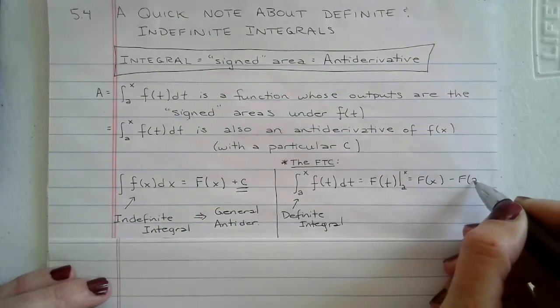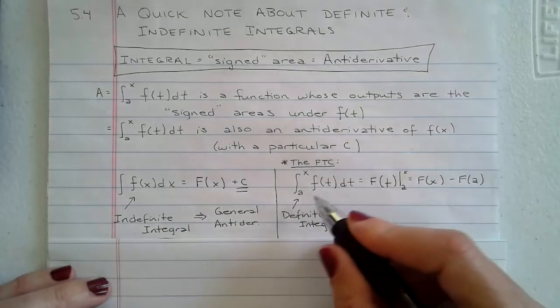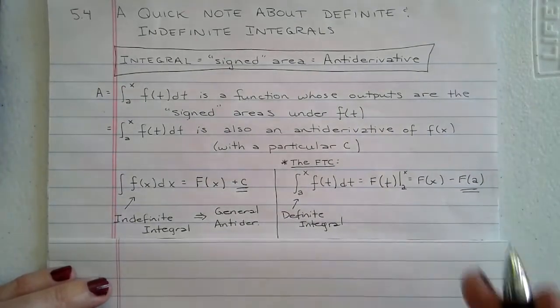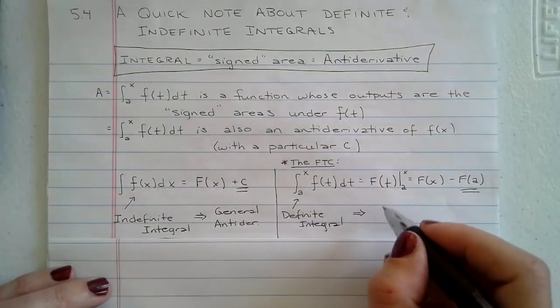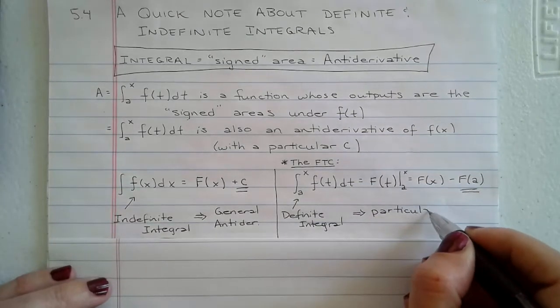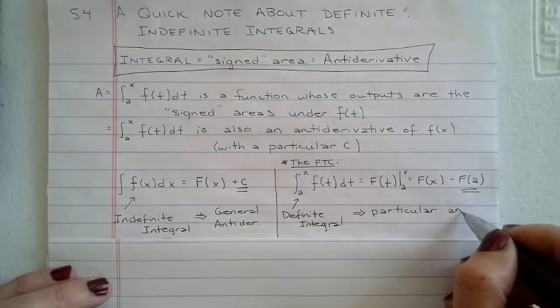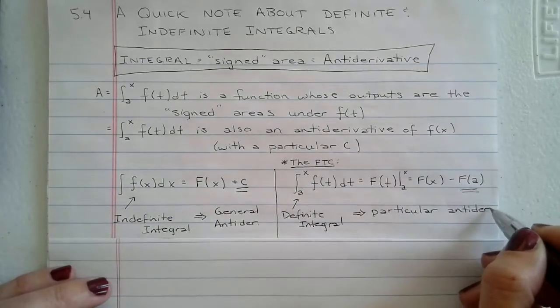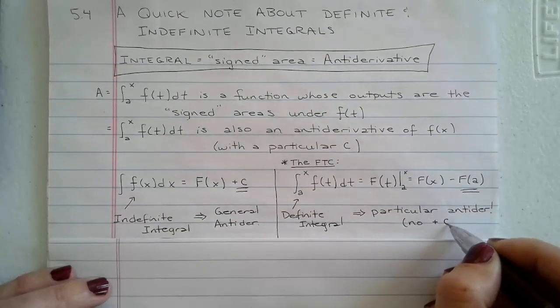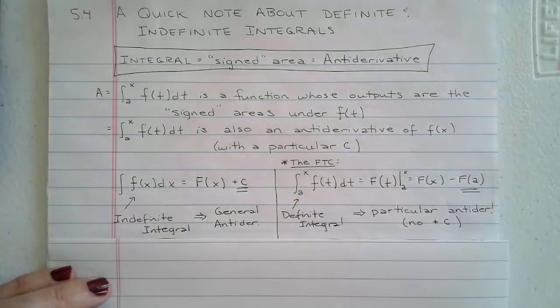Keep in mind that A is a constant, just like the ones that we worked with on the last couple of videos. And so we actually have a particular, very specific antiderivative, no plus C, because we have those bounds.